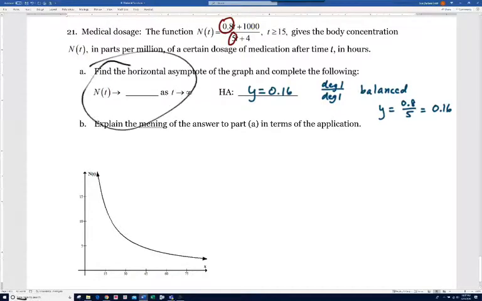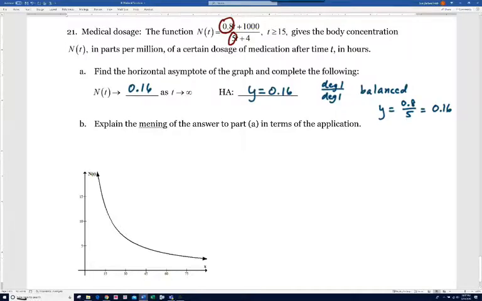So let's look at what's going on here. It says n of t approaches some value as t approaches infinity. Well, this was supposed to be a t here. I messed that up. But as the time gets bigger and bigger, what's happening to n of t?